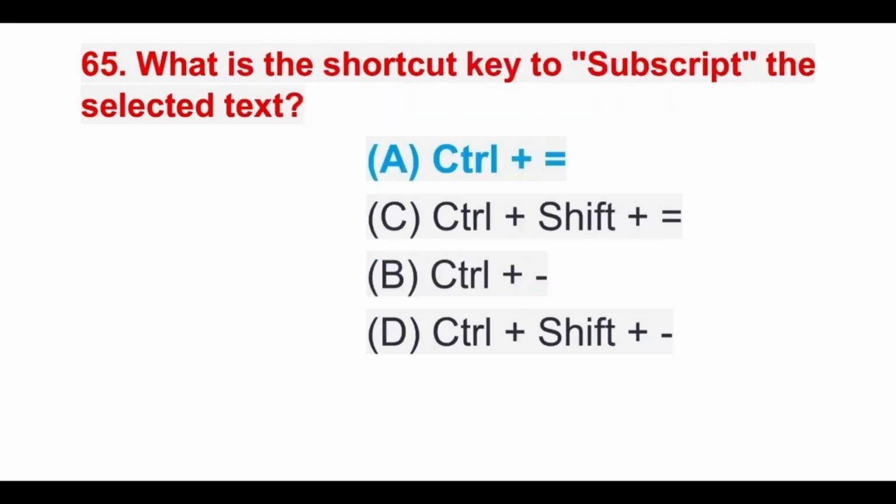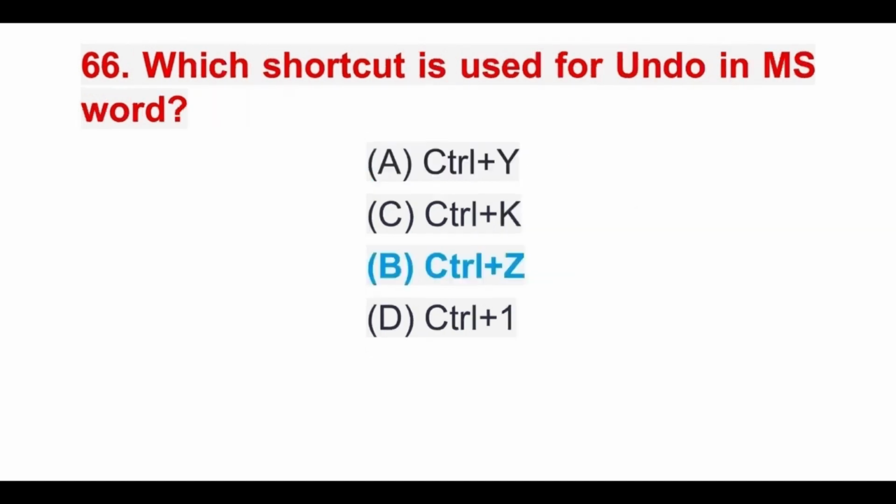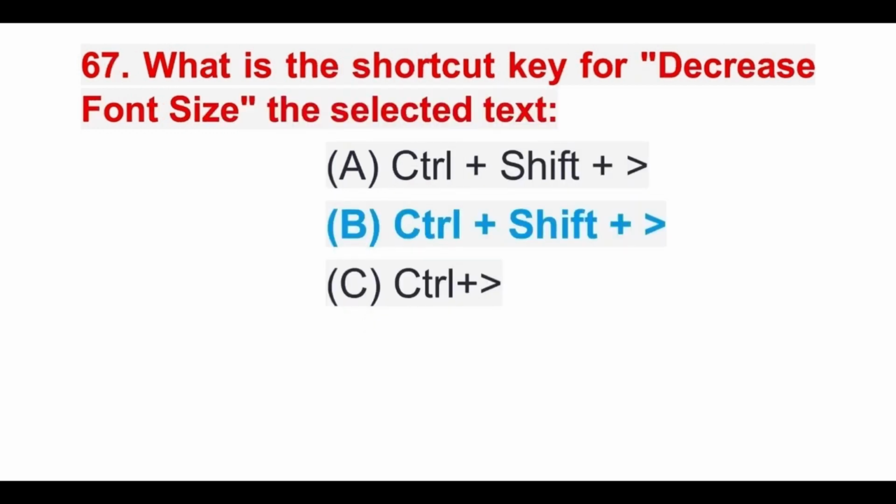Question number 65. What is the shortcut key to subscript the selected text? That answer is Ctrl plus equal sign. Question number 66. Which shortcut is used for undo in MS Word? That answer is Ctrl plus Z. Question number 67.